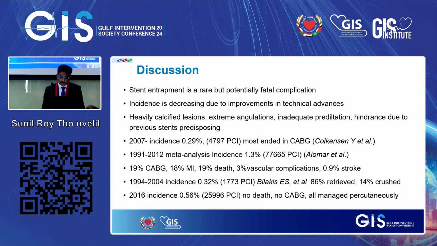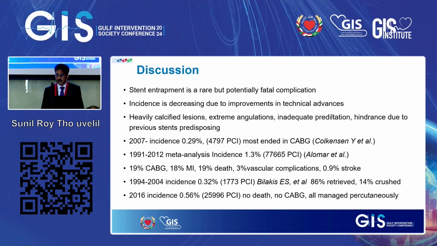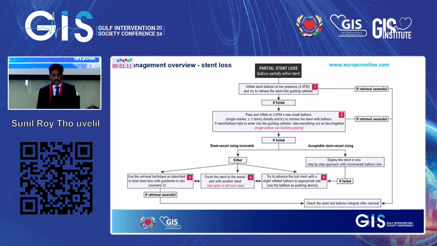Bilakis et al. reported their data from 1994 to 2004. This was 0.32%. In 86% they could retrieve it, and in 40% they had to crush it. And in a 2016 meta-analysis, the incidence was 0.56% among 25,996 PCIs, and no death, no CABG, and all were managed percutaneously.